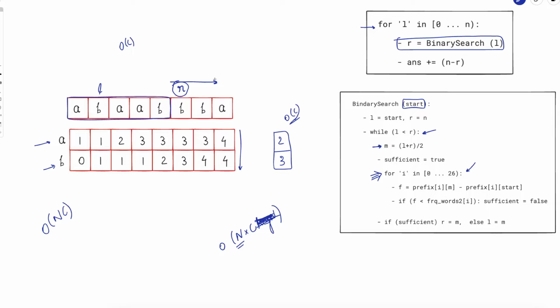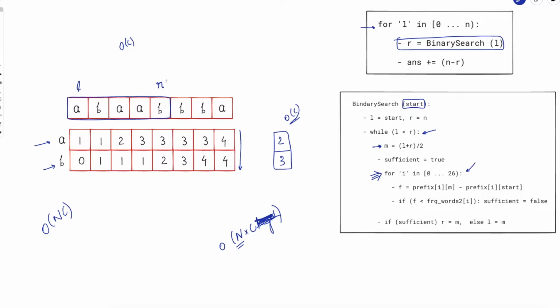So what we will do, we will start with this L, right? And we will start with this R here, and we'll see whether this L to this R is valid or not. If it is not, I will increment my R, and check again, and so on and so forth until I reach a point where this L to this R is a valid substring.